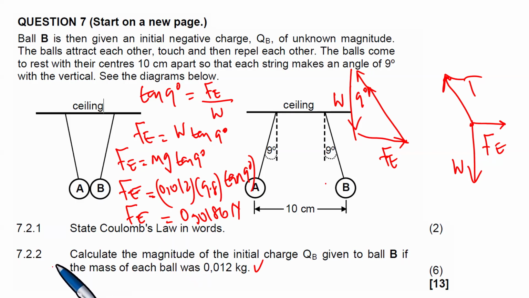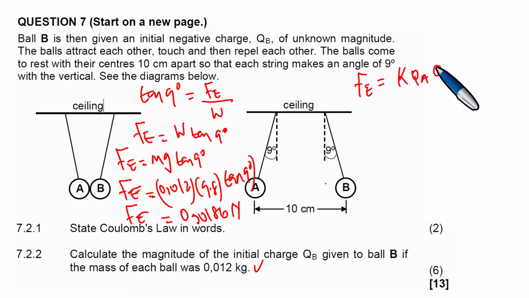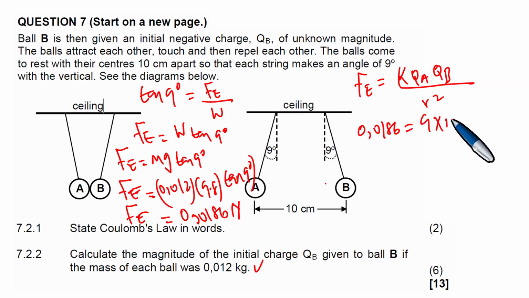Right, if this is the electrostatic force that we've got, then we analyze it as follows: F electrostatic is kQ1QB divided by r squared. So 0.0186, 9 times 10 to the 9th power. Obviously, the electrostatic force we've already got. Calculate the magnitude of the initial charge.